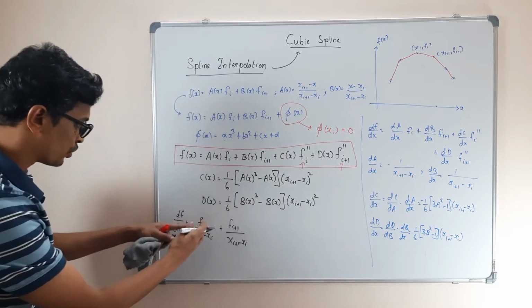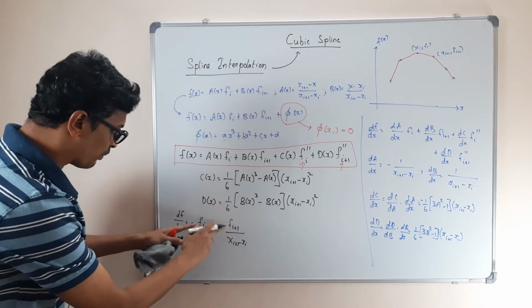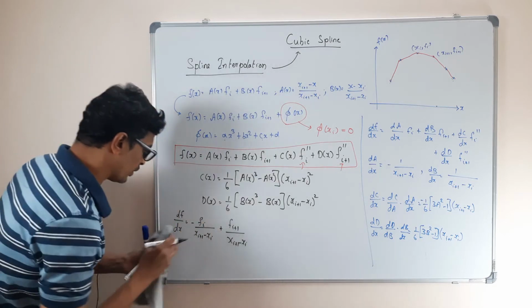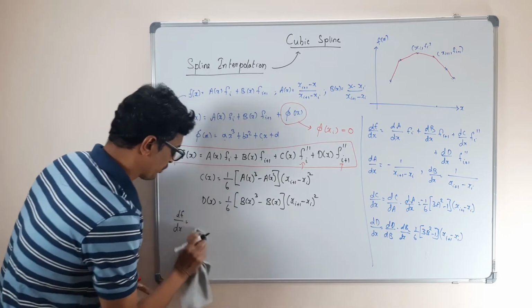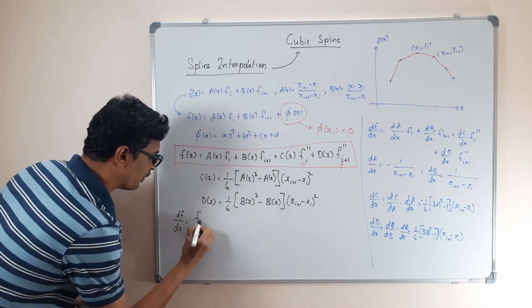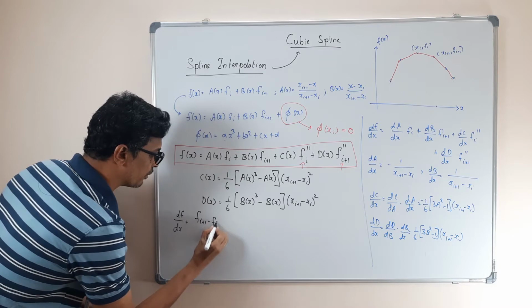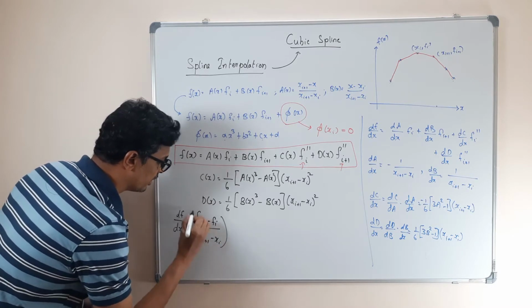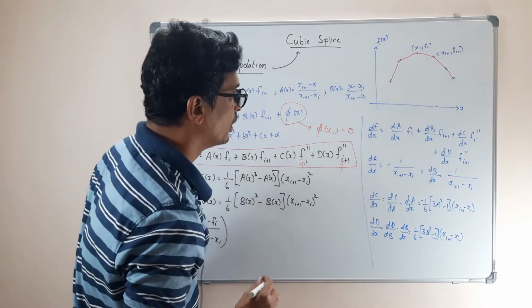I can combine these two and write it as f of I plus 1 minus f of I divided by xi plus 1 minus xi. That's the easier way I can write it. And then let me go for the next one.